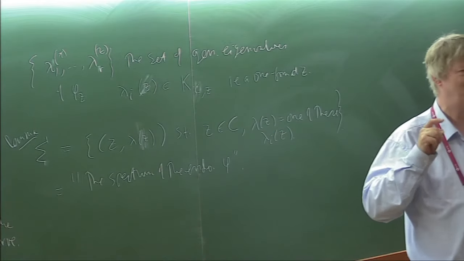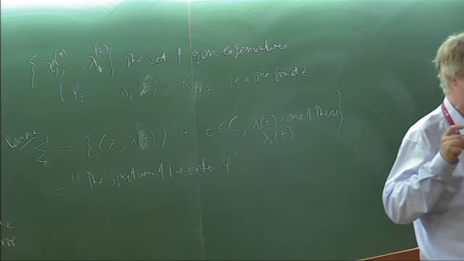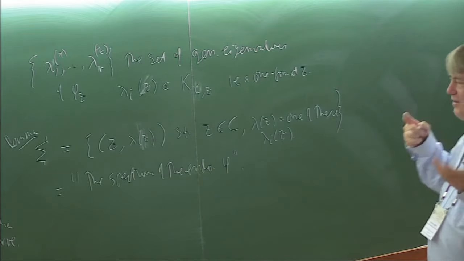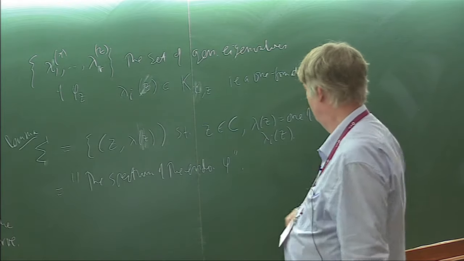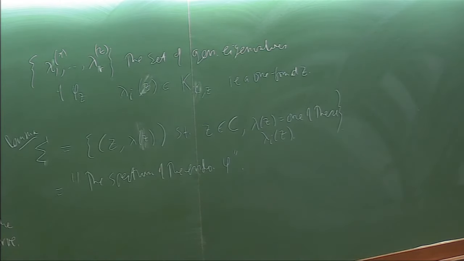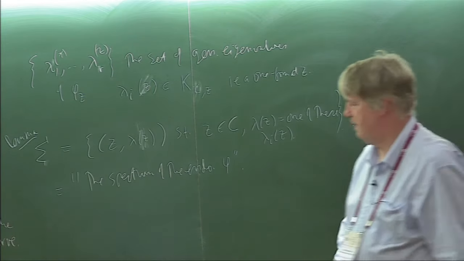If somebody writes down the phrase, let's look at the spectrum of the endomorphism phi, and you think about it for a while, there's no other thing that you could possibly come up with as an answer other than this. And so this is called the spectral curve.